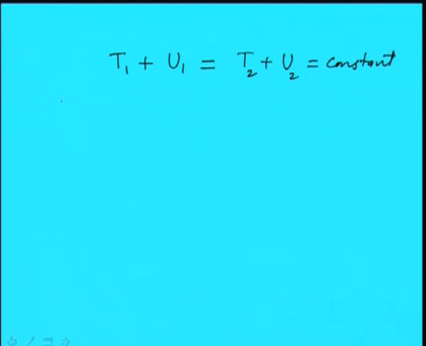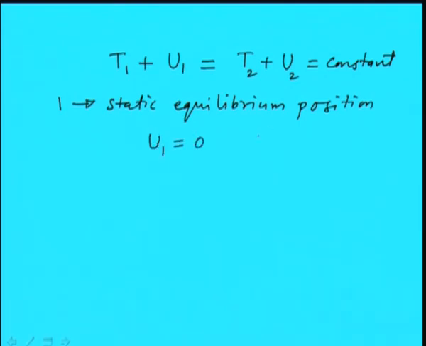So let the first position be the static equilibrium position. When this is the condition, you will find u1 will be 0 and t1 will be at its maximum value.